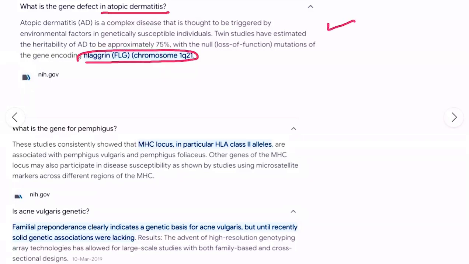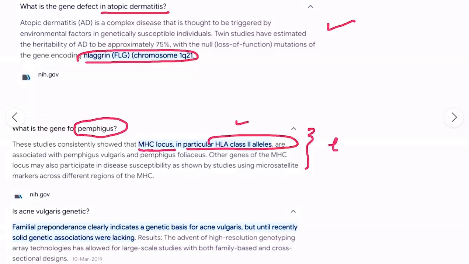Now let us see the other options. For pemphigus, see here, there is the MHC locus, the HLA class 2 allele, that is defective. They have not given me the filaggrin gene here. These are the histocompatibility proteins which are defective, your HLA defects, like your immune system that is defective.